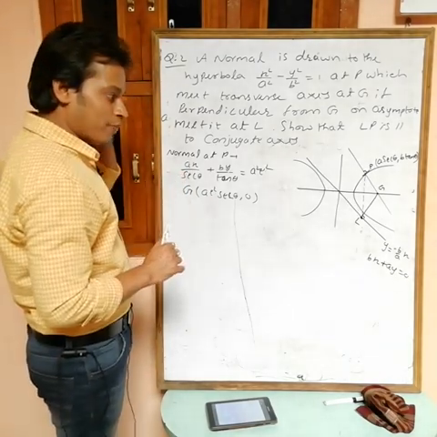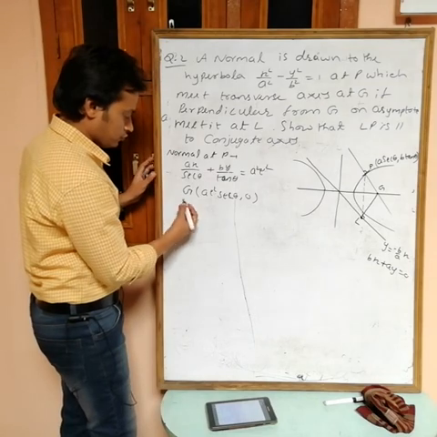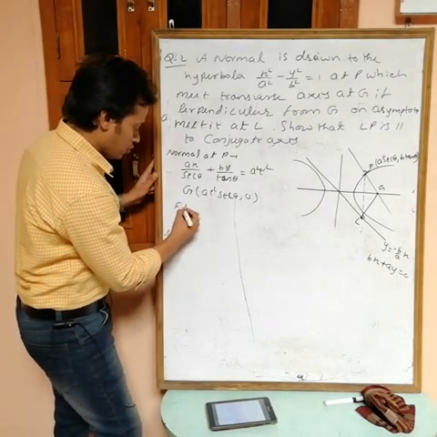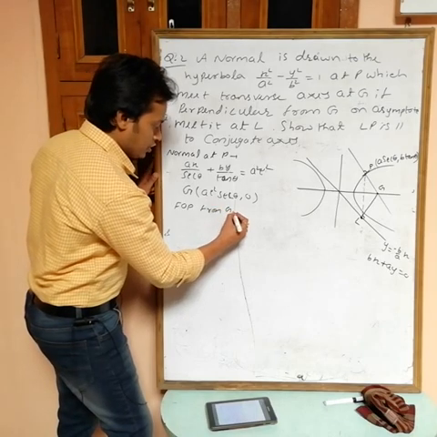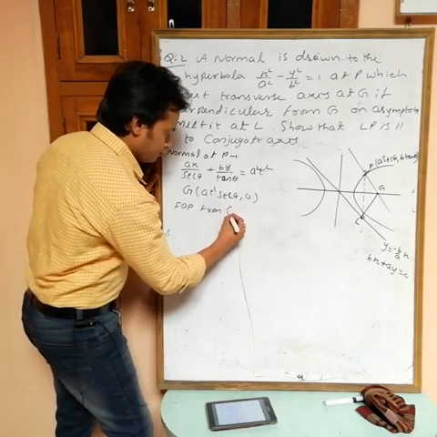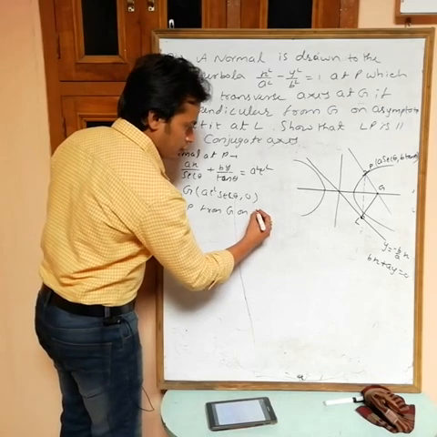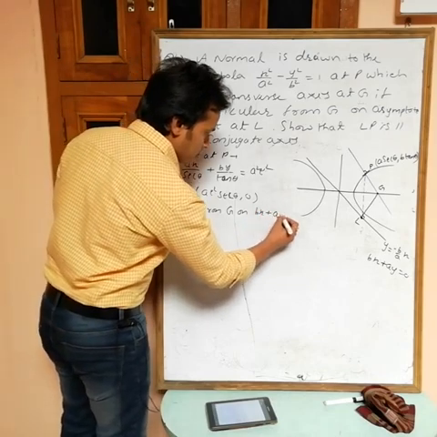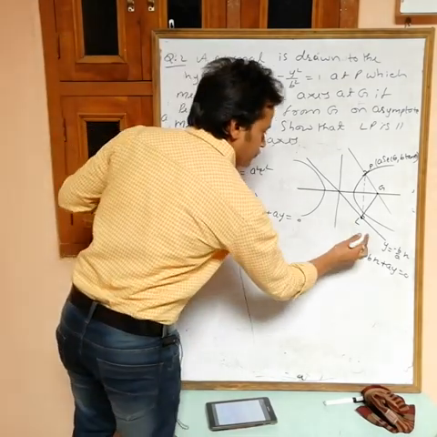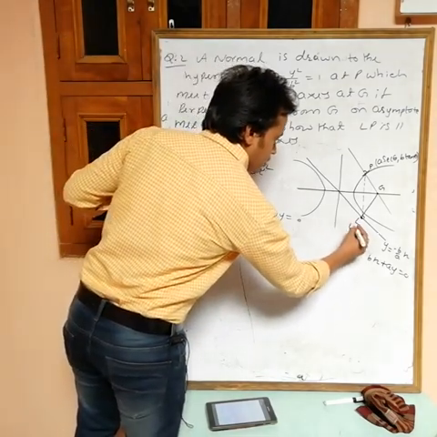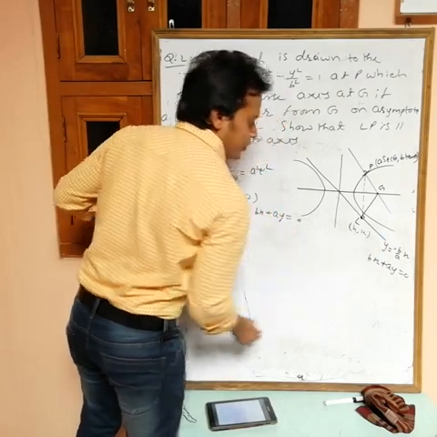Now foot of perpendicular from Z on bx plus ay equals to 0. Apply the formula. Suppose the x coordinate of this point is h and the y coordinate is k.